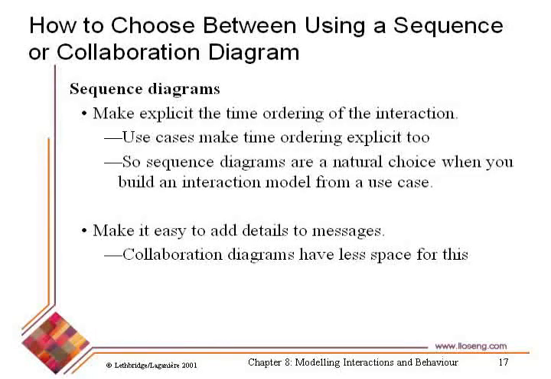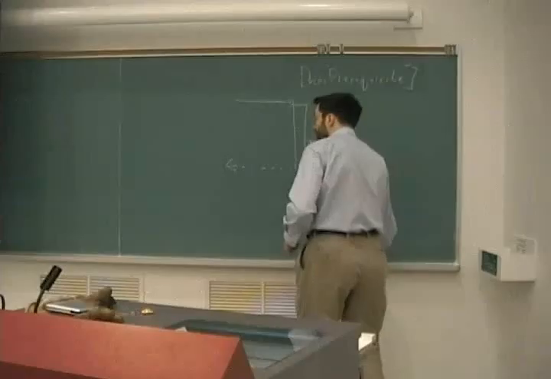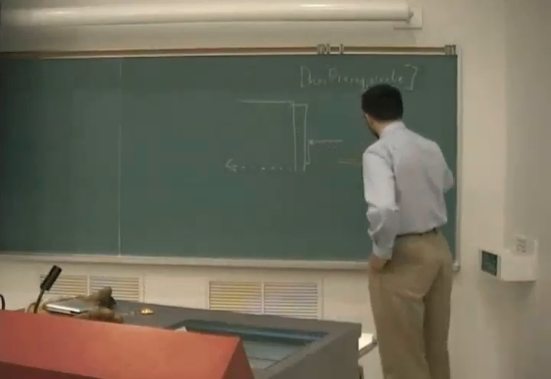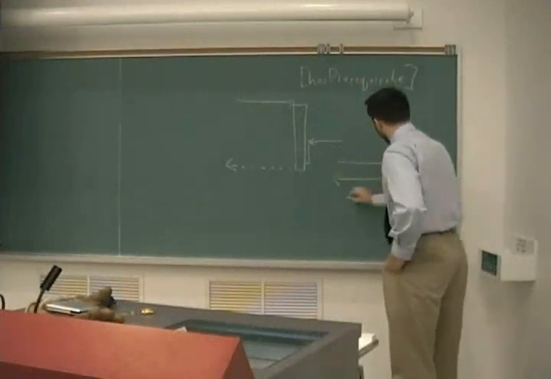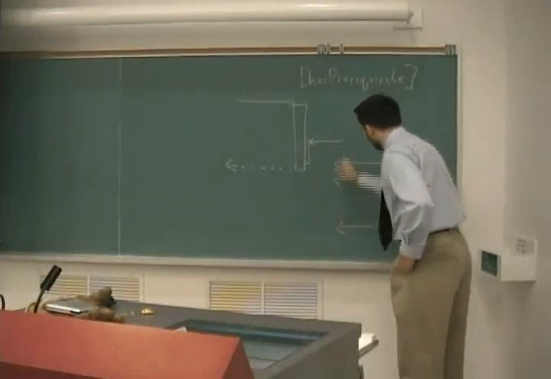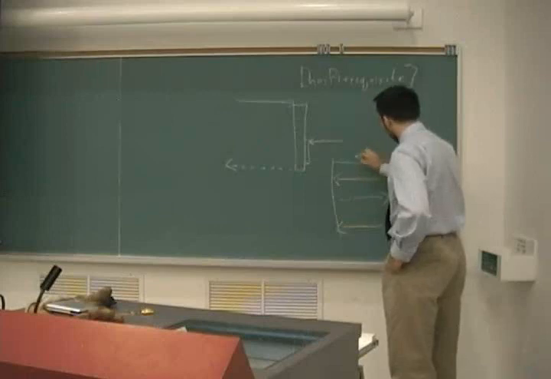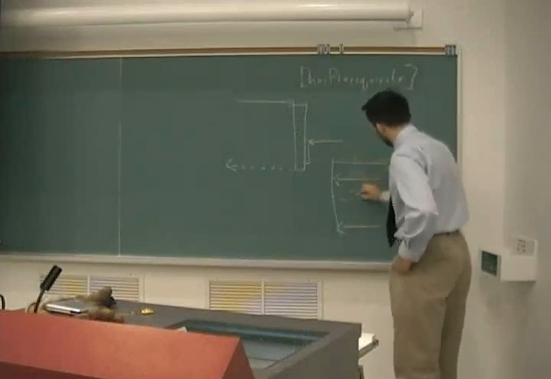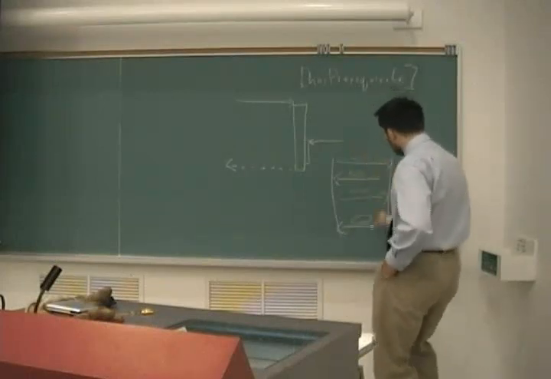Okay? Sequence diagrams also have more space. Because they take up more screen real estate or more space on the page, they have more space for details of messages. You can imagine that if you're sending messages backwards and forwards between the same two objects over time, so you've got some message descriptions here and here and here. On a sequence diagram, you've got space to do that.